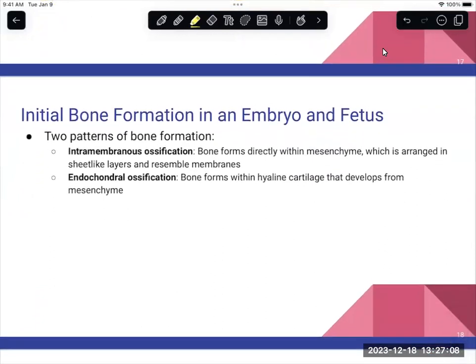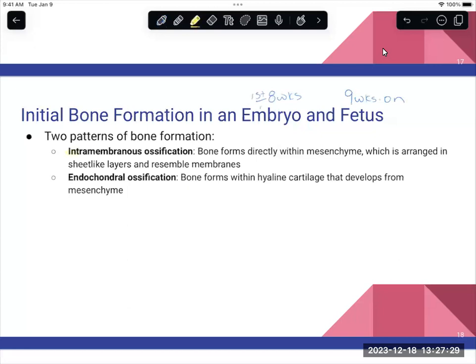So when our bones form as an embryo, which is that first 8 weeks, and then the fetus, 9 weeks on, our bones are going to form 2 different ways.